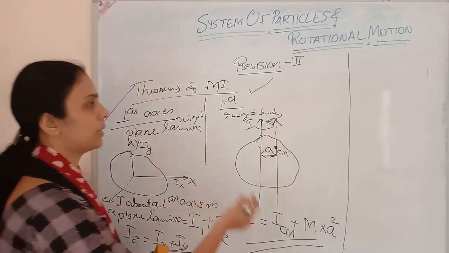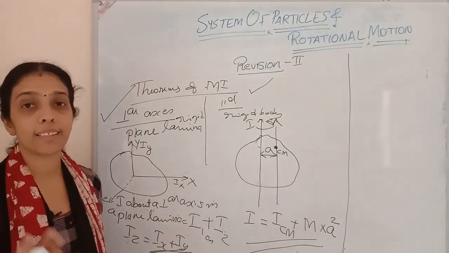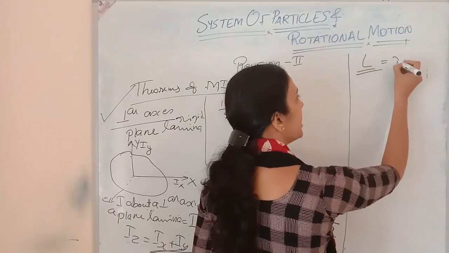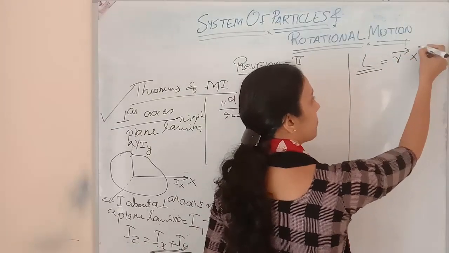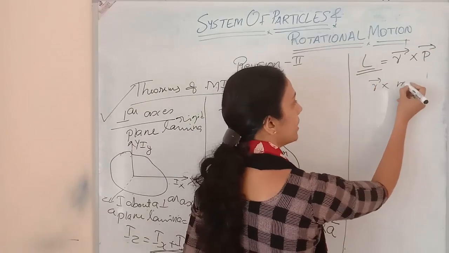Okay, clear? So the next one is, using this moment of inertia, how we can represent L. We already got L as r cross p. So here I am writing it as r cross mv.